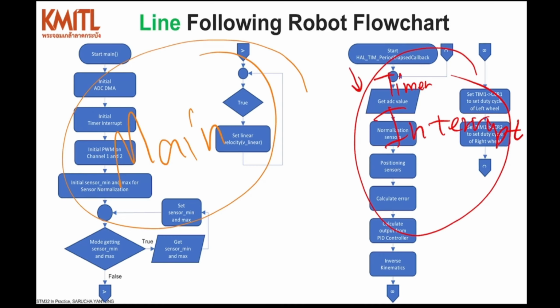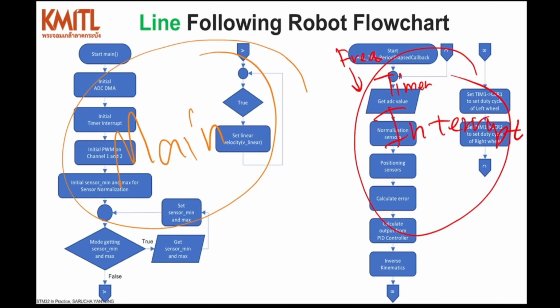That is the main purpose of the timer interrupt. The main thing of the control part of the robot is that we need the time constraint.